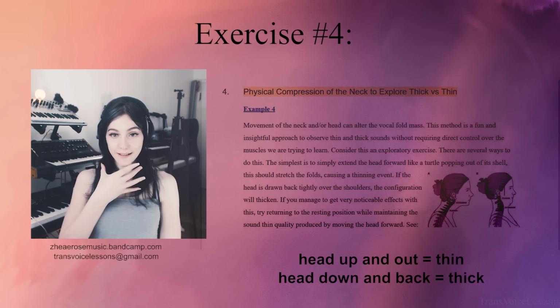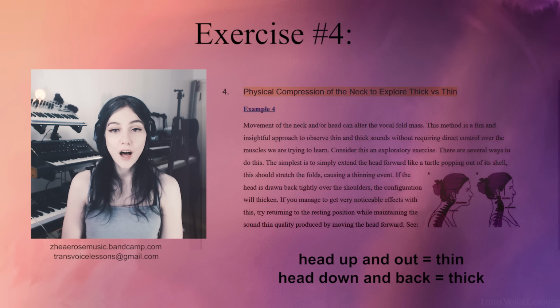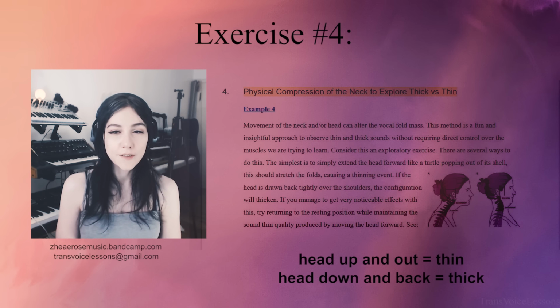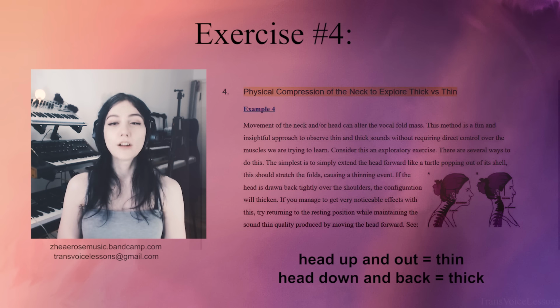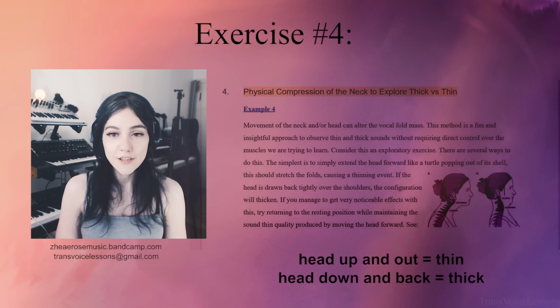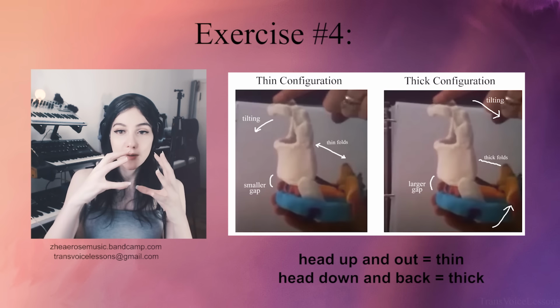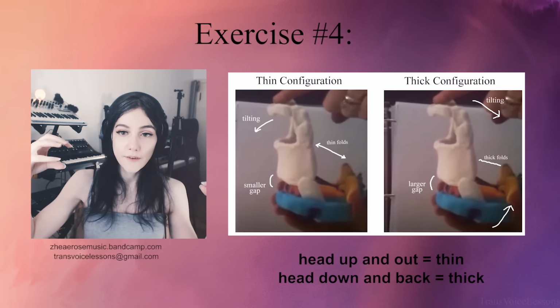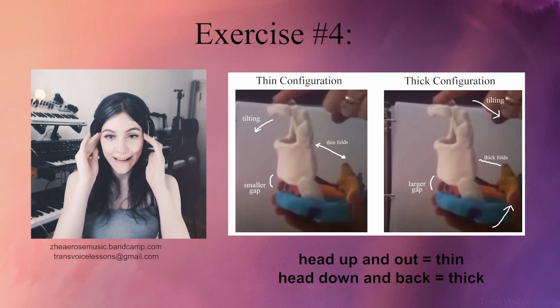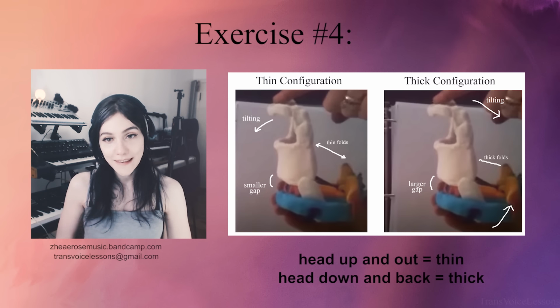We can bring our head down like this, so you can also do this in other ways by like tucking the neck down or pushing the head back or whatever. But essentially, when you compress the structure, you gain thickness. And when you expand the vocal folds or you stretch the vocal folds, you gain thinness. So that is why popping your head forward thins out your voice.